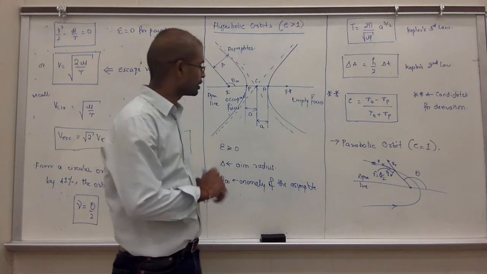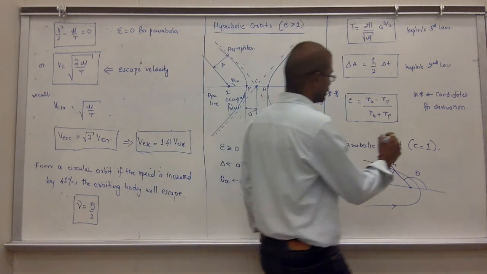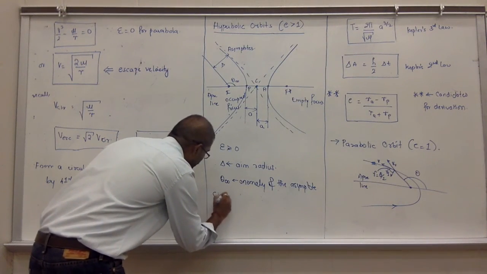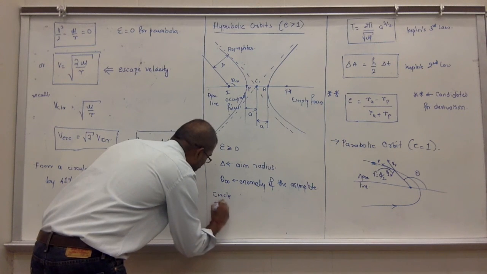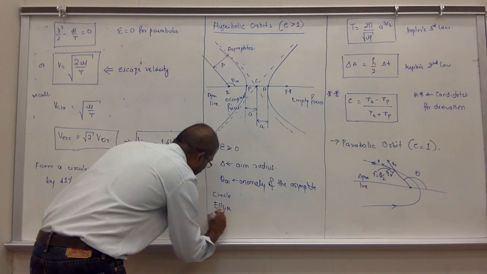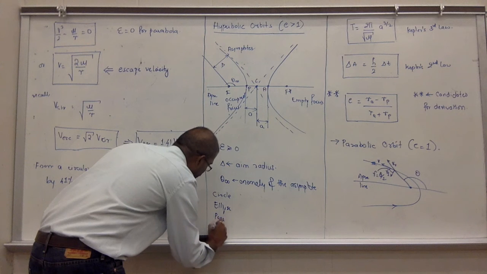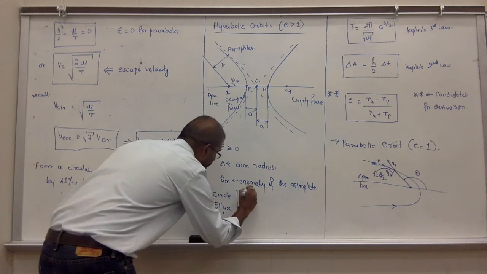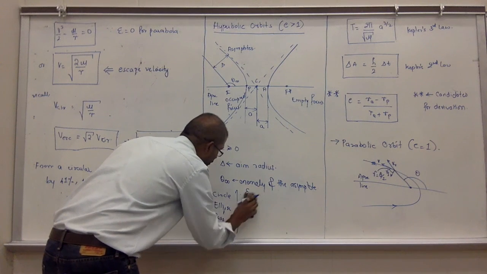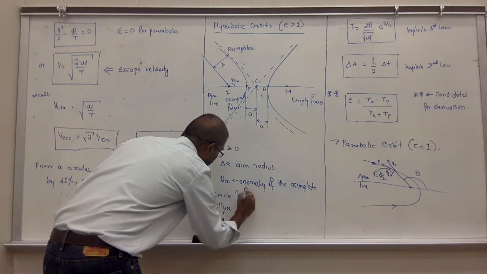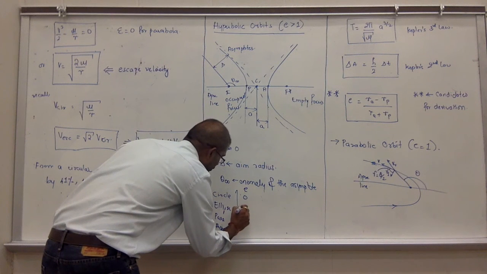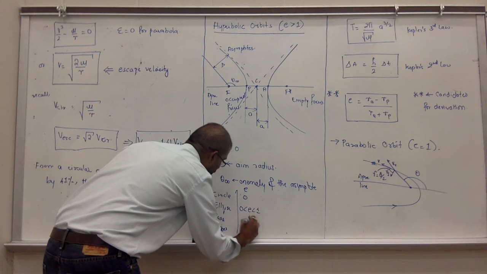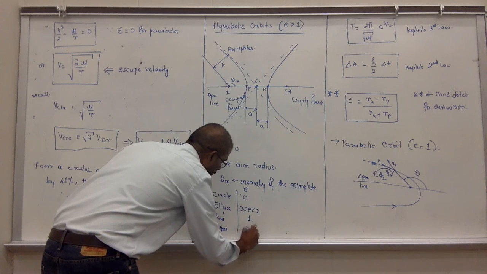So you need to know this table: circle, ellipse, parabola. We have e: 0, 0 to 1, 1, greater than 1.